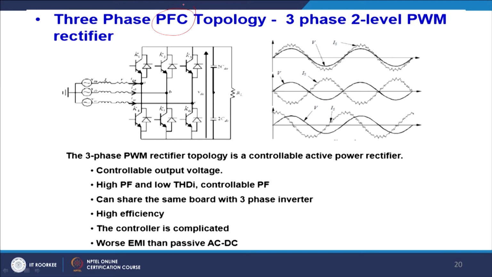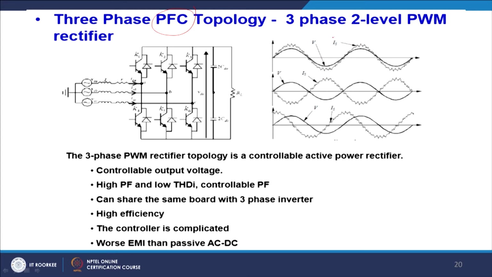Not only power factor, it also reduces the THD, and it is for 3 phase. For low power rating it will be 2 level, and if you go higher it can go to a higher level. And this is the voltage. I will show you the practical currents and voltages. I have worked on it, for this reason I can show some practical results.